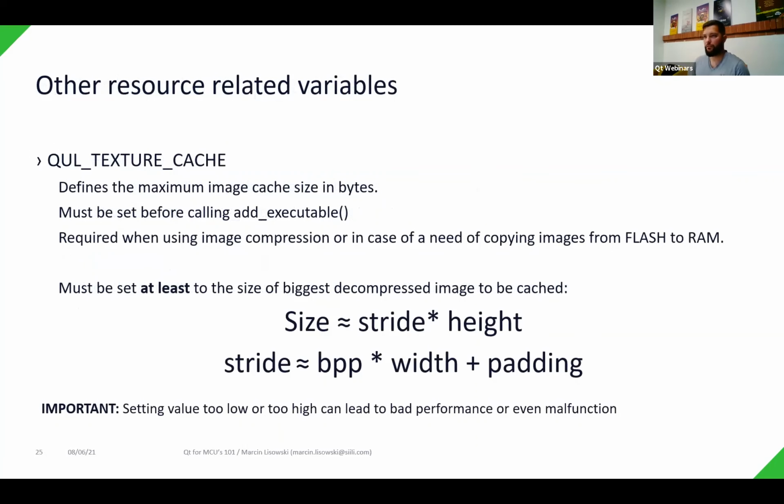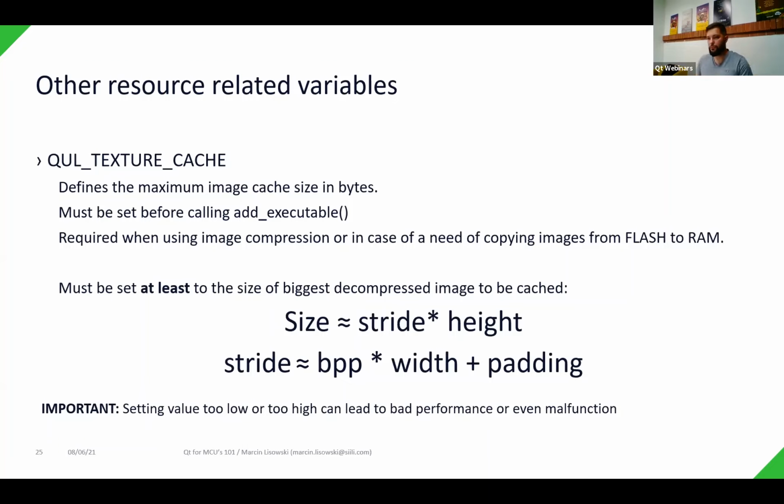Some properties, variables related to QL texture cache, to resources. So this is the QL texture cache, and this is a super important one, and it's related to the cache mechanism. This defines the maximum size of the image cache, so the maximum number of bytes that your image cache can handle.